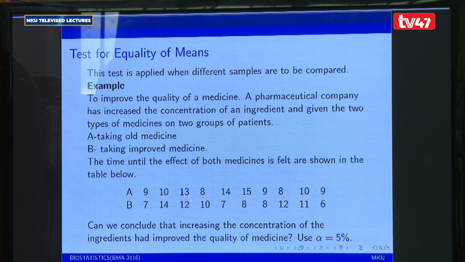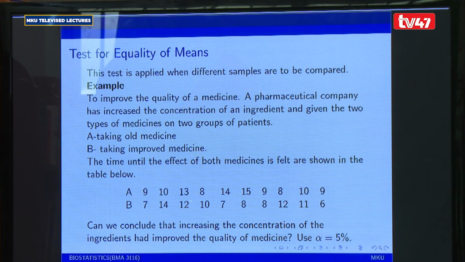Consider a situation whereby the manufacturer who was making painkillers has decided to improve the quality of the medicine, and they have decided to add a certain component to check if it improves the time a patient has to wait until they feel pain relief.